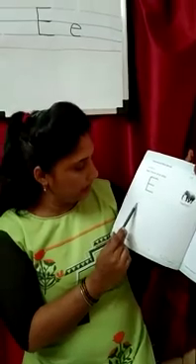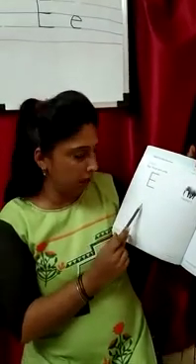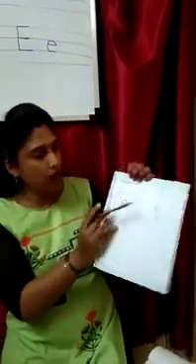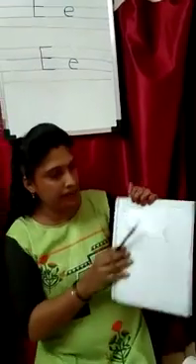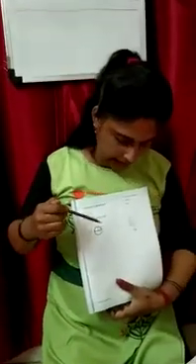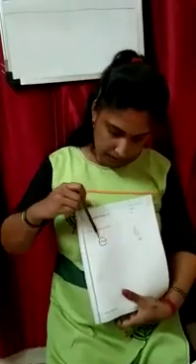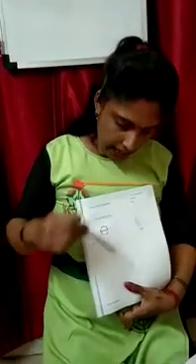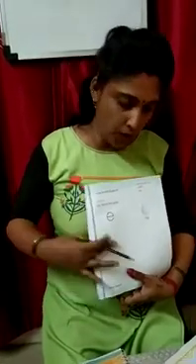After that, in these boxes you write down capital E. Okay kids? See page number 21. Homework and date. E, small e. E for egg. Trace E, and after that you write down small e. This is your homework, and you turn the page.